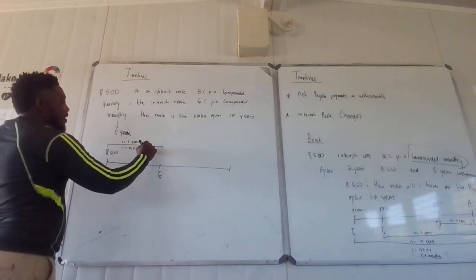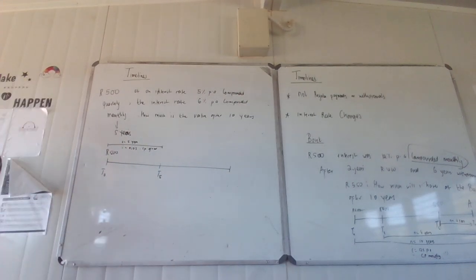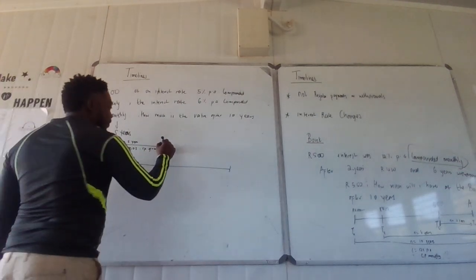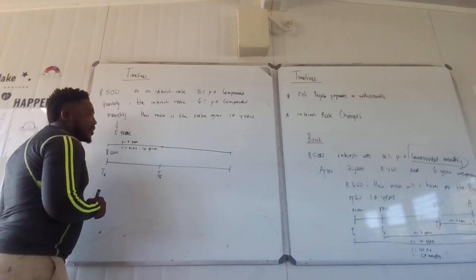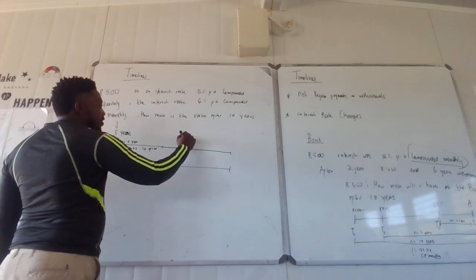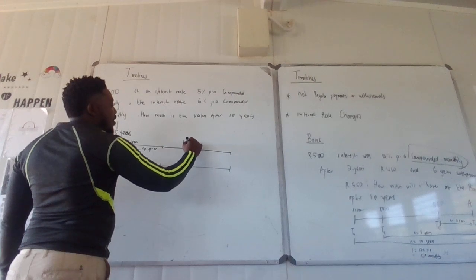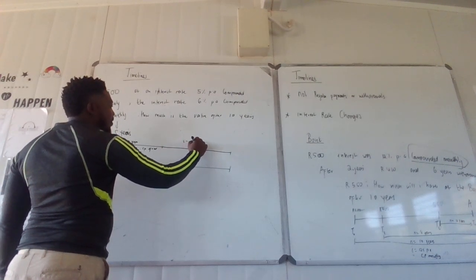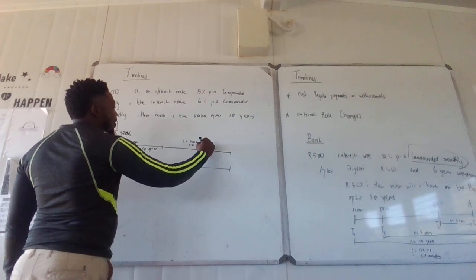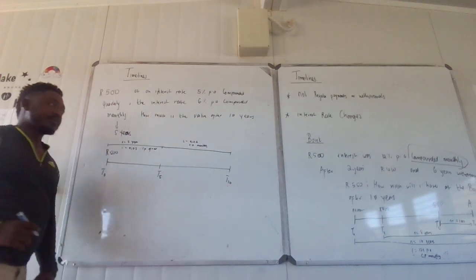Remember, this is compounded quarterly. Then from here to here, with the same amount, the interest rate now changes to 0.06, but now it's compounded monthly, for 10 years.